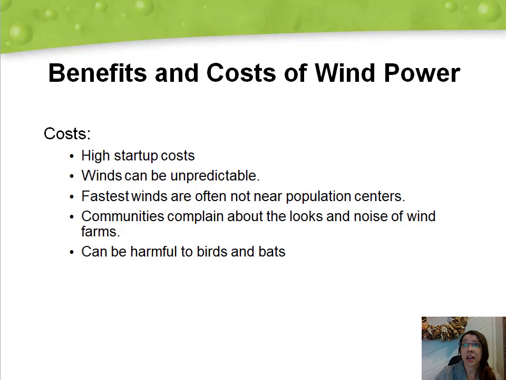Other factors besides unpredictability can prevent the use of wind power. For example, when wind farms are proposed near communities, the people living in the areas often oppose them. Many people think that the wind turbines clutter the landscape visually, or cause a lot of noise.